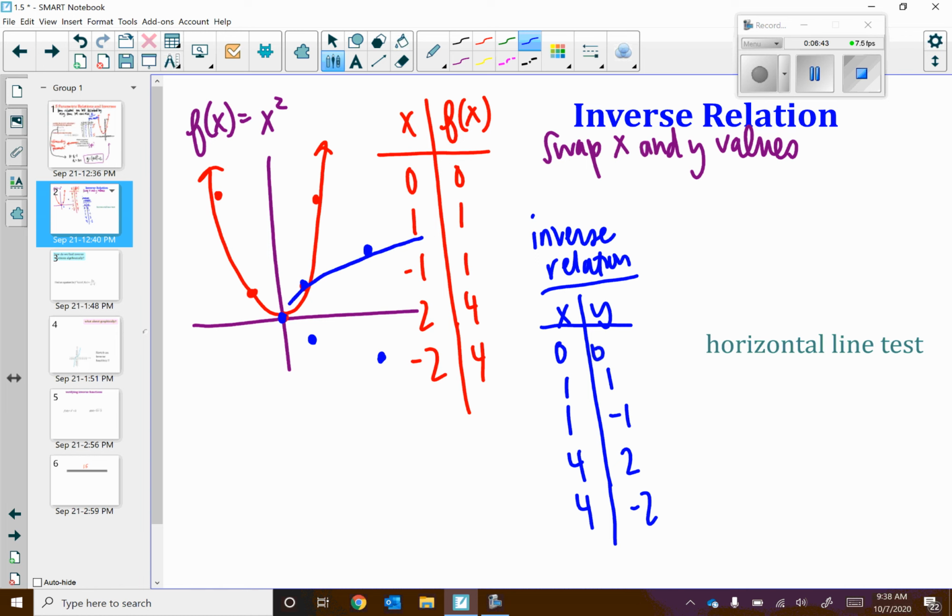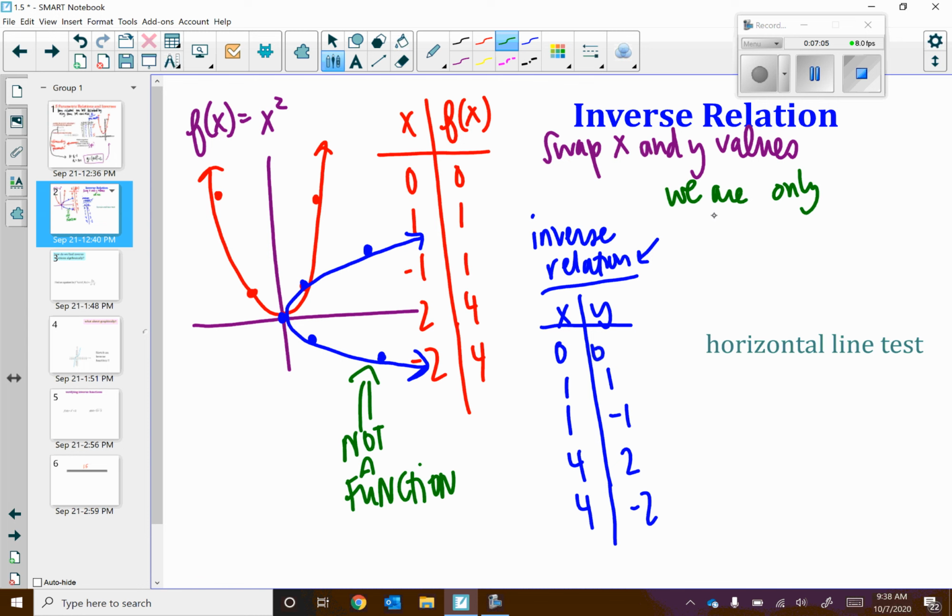Here's what we got. Notice that thing is a relation, like connecting these two variables, but it is not a function. Not a function. And that's kind of important because realistically, we are only interested in an inverse if it is indeed a function.